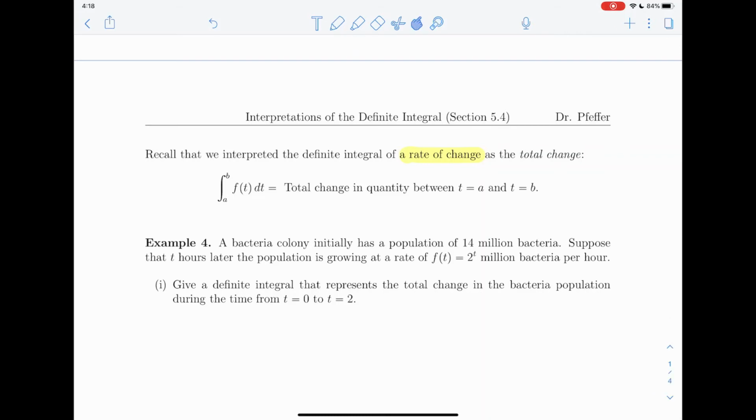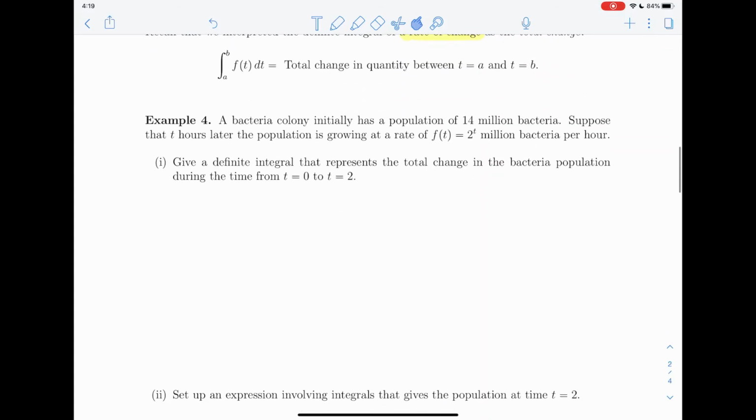For example, here we have that a bacteria colony initially has a population of 14 million bacteria. We are going to suppose that t hours later, the population is growing with a rate given by this function, 2 to the t, given in millions of bacteria per hour.